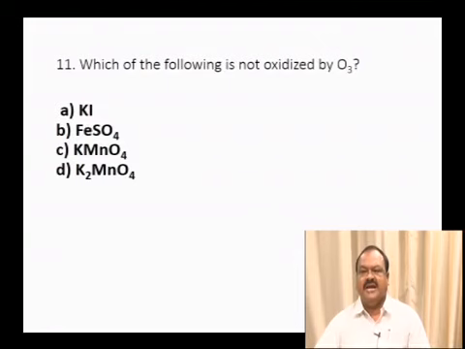Hence, it is not oxidized by ozone. Whereas ozone reacts with potassium iodide, ferrous sulfate as well as potassium manganate. But potassium permanganate, due to higher oxidation state of the manganese, cannot be oxidized by ozone. So, the suitable answer is C.